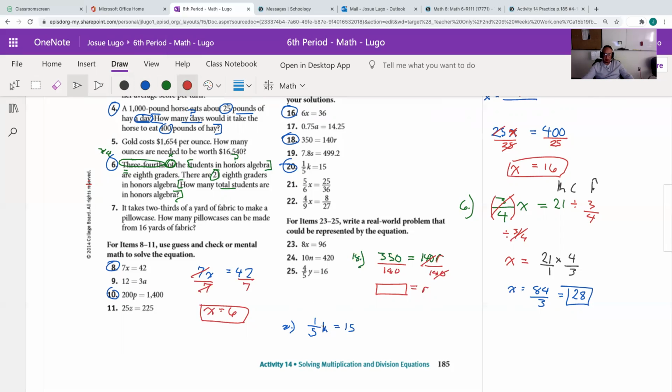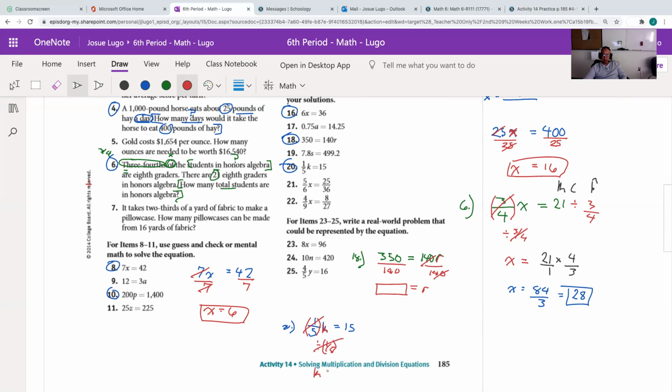I need to isolate the variable. So the k here on the left side, I want it to be by itself. It's not by itself because I am multiplying by 1/5. So to isolate the variable, we're going to use the inverse or the opposite operation. The opposite of multiplying by 1/5 is to divide by 1/5. So I'm dividing this whole side by 1/5. 1/5 divided by 1/5 is 1.